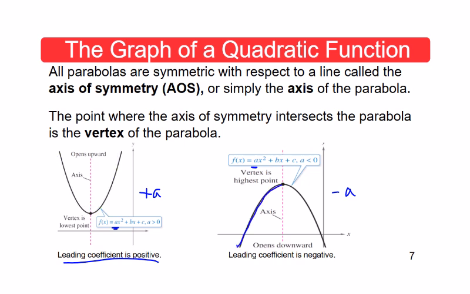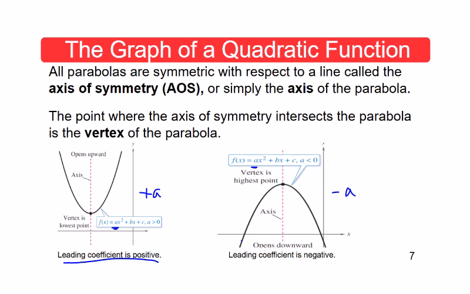So remember, the parent function of a parabola is symmetrical about the y-axis, and so the y-axis is the axis of symmetry for the parent function of a quadratic when it's just x squared by itself. But as soon as you start transforming it and moving it to the left or to the right, then of course it's not going to be symmetrical about the y-axis, but it will be symmetrical about its own axis of symmetry. Okay, so the axis of symmetry is the vertical line that goes through the vertex.